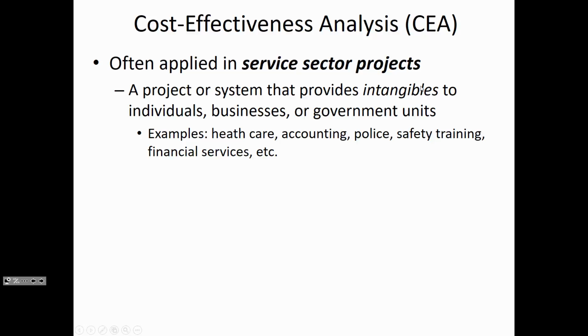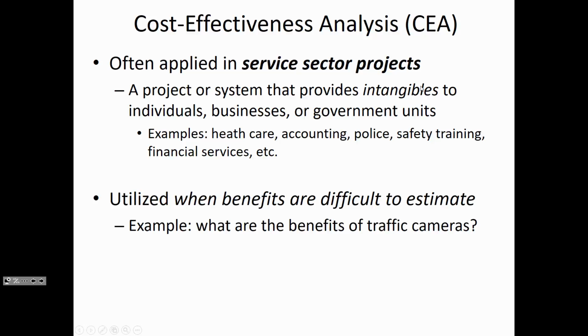And so government does many of these things, and the benefits aren't physical. But there are benefits. Just the fact that it doesn't exist as a physical thing doesn't mean it doesn't have a benefit. And so let's take, for example, traffic cameras. It can be challenging to quantify the benefits of traffic cameras.